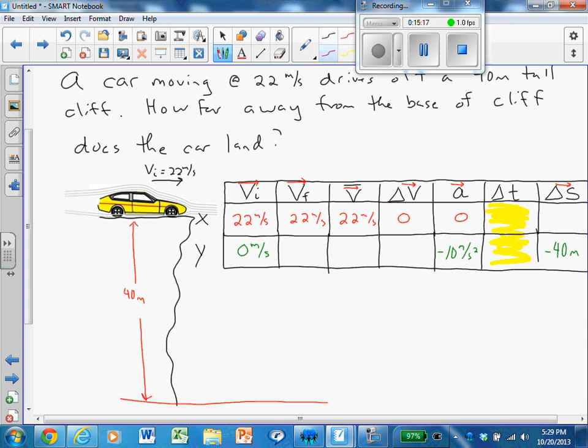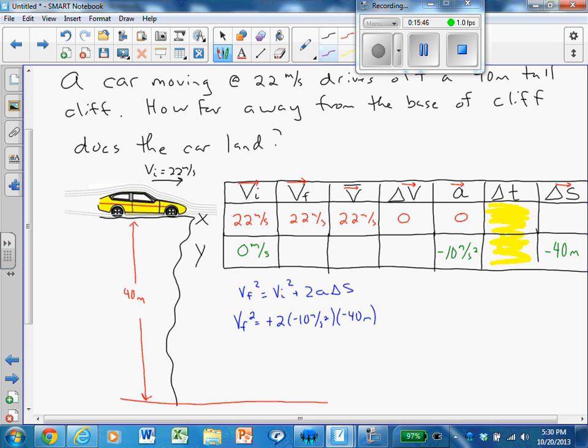So this means that we can find our final speed in the y using a very similar equation that we used last topic. Vf squared equals Vi squared plus 2a delta s. So Vf squared equals 0 squared plus 2 times minus 10 meters per second squared times minus 40 meters.